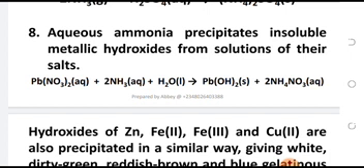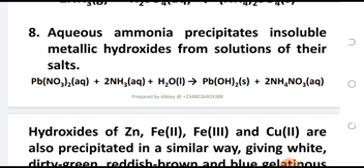The first example that was given there in the equation under number 8, as you can see on the screen, is lead. A lead-2 compound reacting with aqueous ammonia. Aqueous ammonia means ammonia dissolved in water. That's why you see ammonia plus water there. So reacting with aqueous ammonia gives us lead-2 hydroxide, which is a white gelatinous precipitate.